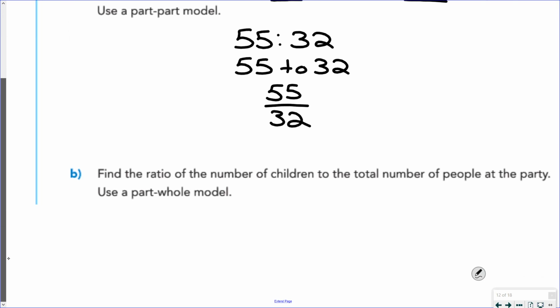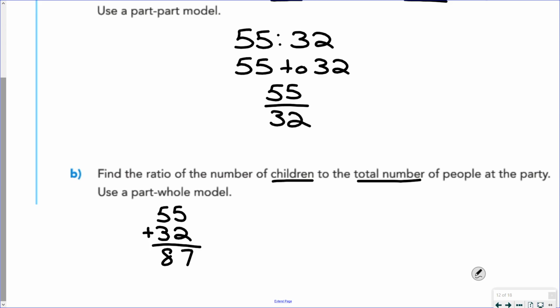But if we slide down and we look at example B, we want to find the ratio of the number of children to the total number of people at the party. Well, to find the total number of people at the party, we should take the number of adults and the number of kids, add those together, and we would get 87.